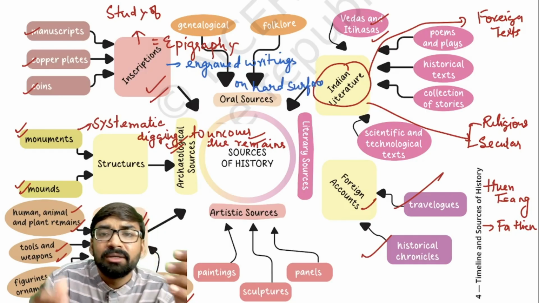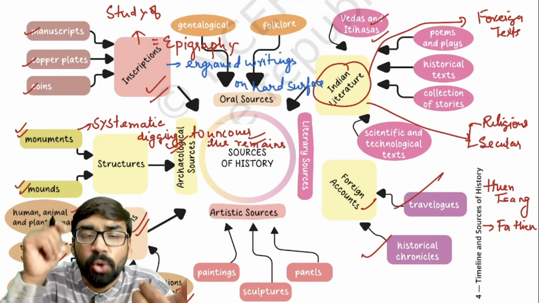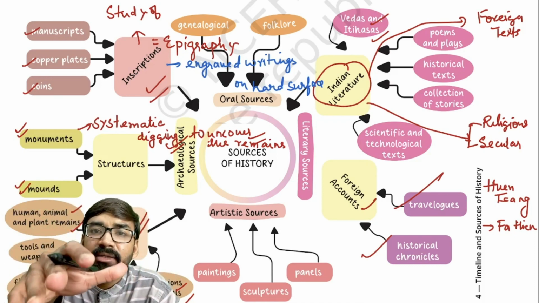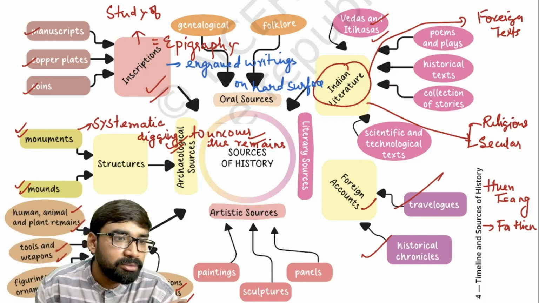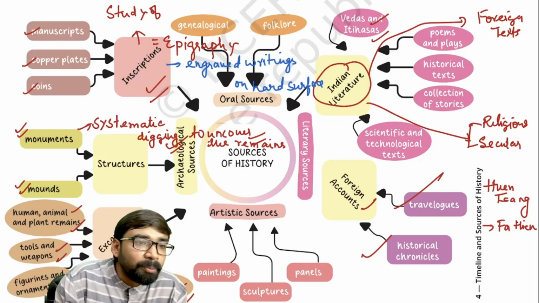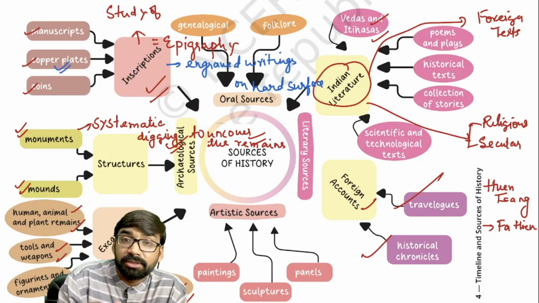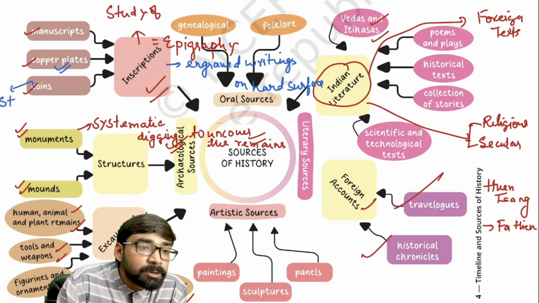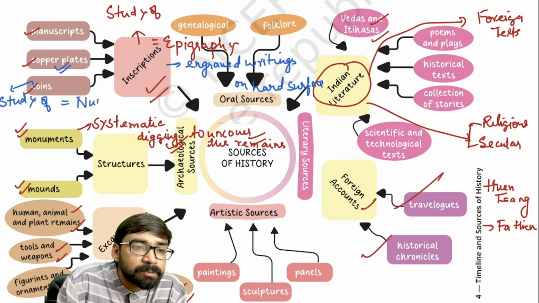Hard surface means it can be a metal, it can be a stone. Getting my point? That is called epigraphy or inscription. Clear? It can be manuscript, copper plate inscriptions are there. Then coins. When we say coins, study of coins is called numismatics.